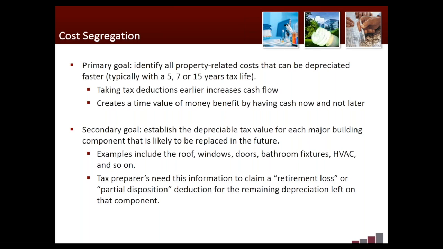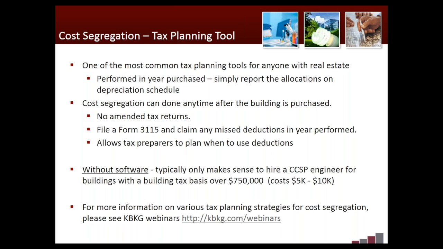Some examples of this would include a roof, windows, doors, bathroom fixtures, HVAC, and so on. Tax preparers need this information to claim retirement loss or partial disposition deductions for the remaining depreciation left on each component.